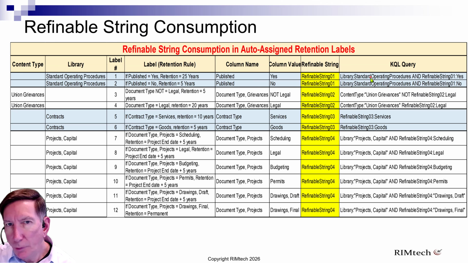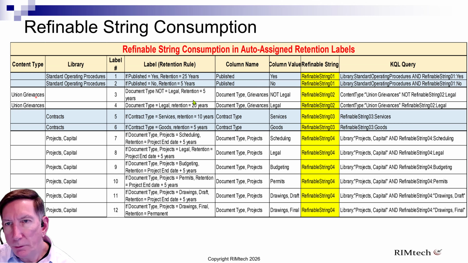So if the library is SOPs and published equals yes. For my second rule, I had the same thing. Library, SOPs, and refinable string 1, which is published, equals no. So I've now used up one of those refinable strings by assigning it to published. Okay.